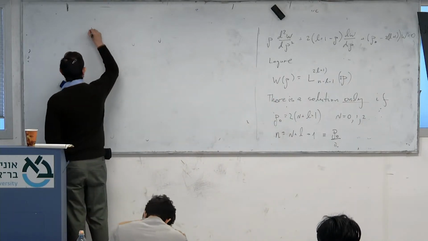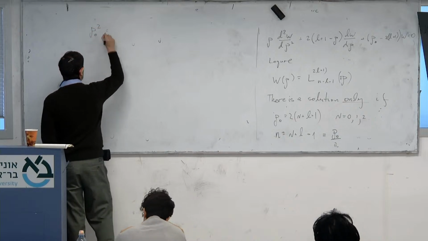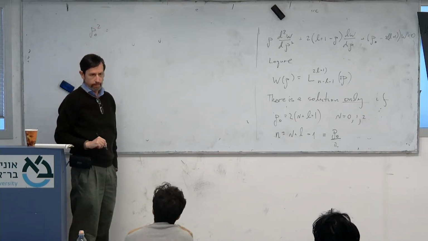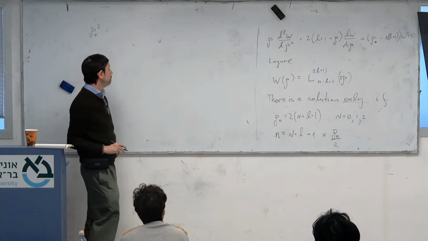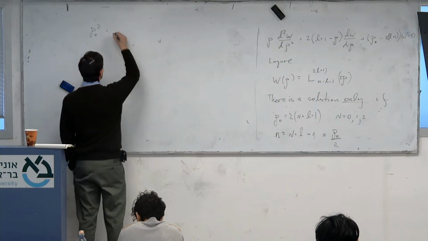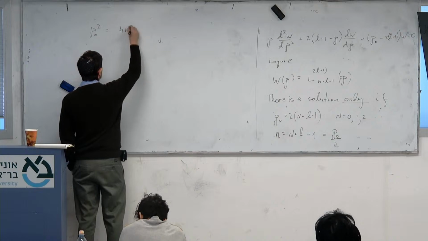Let's now write down ρ0 squared. That's according to what's written there is 4n squared.